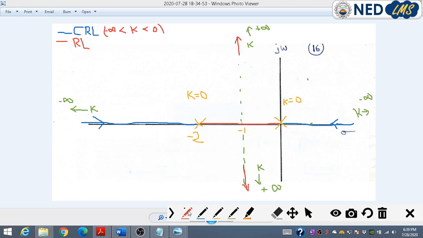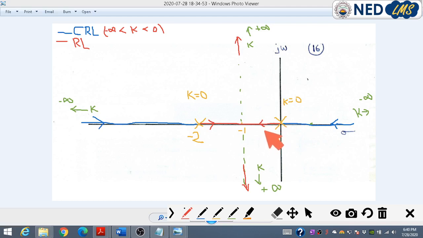Next, these two branches move on RL. So this should be the direction of this branch, comes from minus infinity, and then further proceeds in this direction. This branch comes from minus infinity, approaches k0, and further moves in this particular direction.